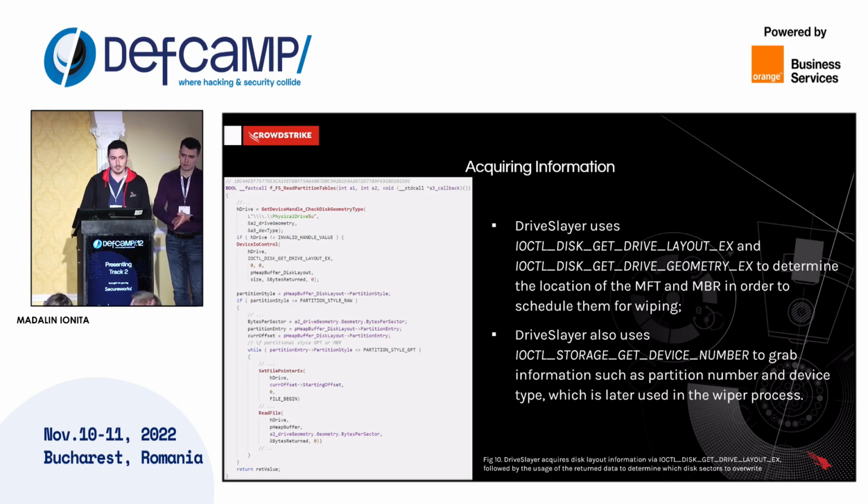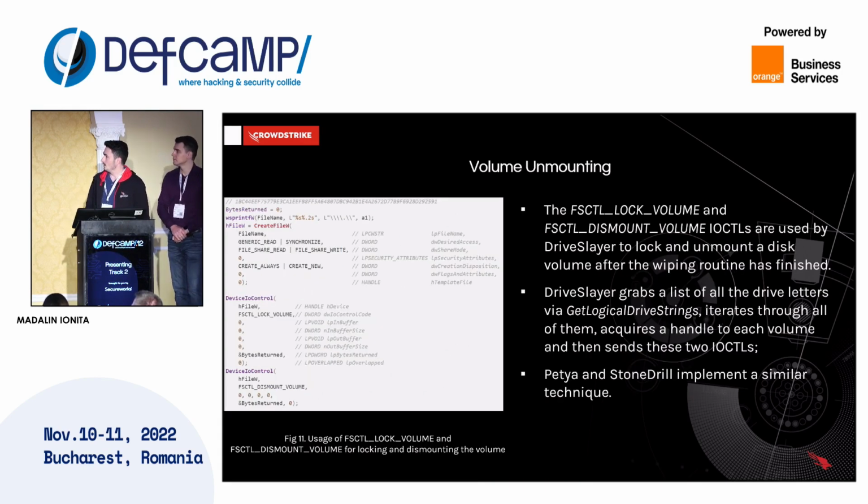When it comes to acquiring information, the RawDisk layer uses these three IOCTLs that are on the slides in order to get information about device type, partition number, and to find the location of the master file table and master boot record in order to send them to the wiper routine. Before starting to overwrite the disk itself, first the layer will use FSCTL_LOCK_VOLUME in order to lock the volume.